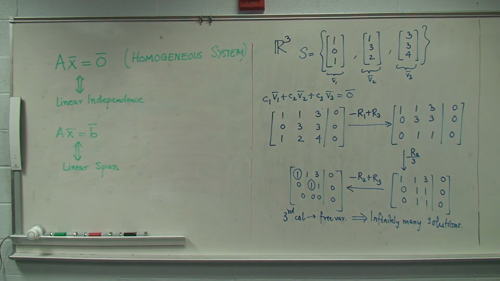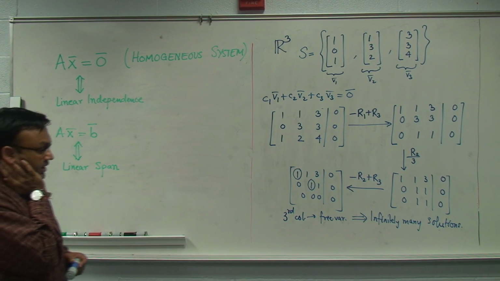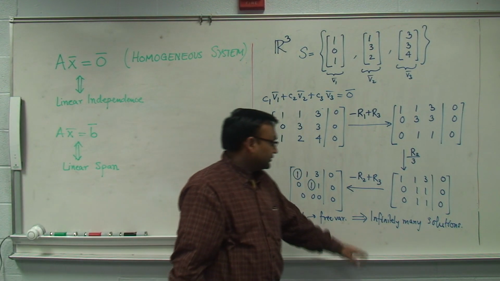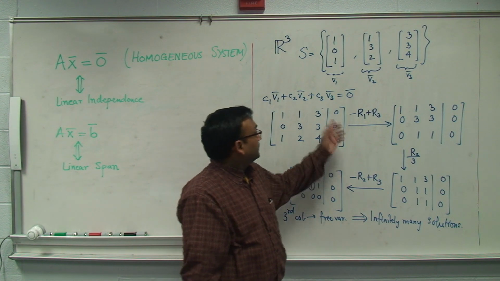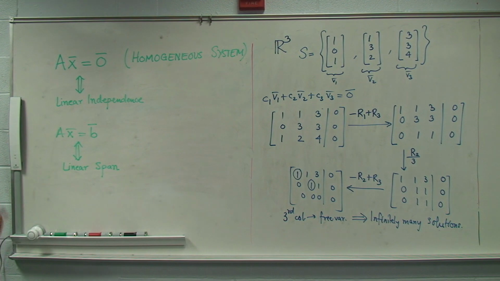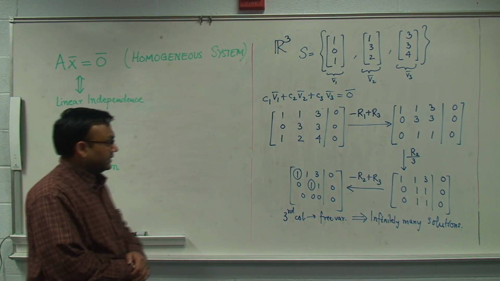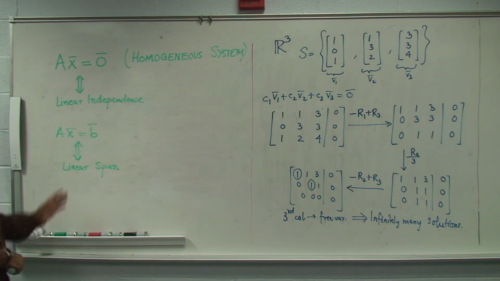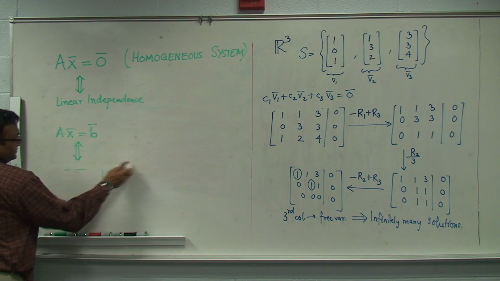And since I know there is already one solution, namely the 0 solution, I'm very sure that it has infinitely many solutions. The moment I see infinitely many solutions, we know that there must be a non-zero combination which will produce the 0 vector. Of course, we want to find what that combination would be, but at least we have been able to answer that this set is going to be a dependent set.